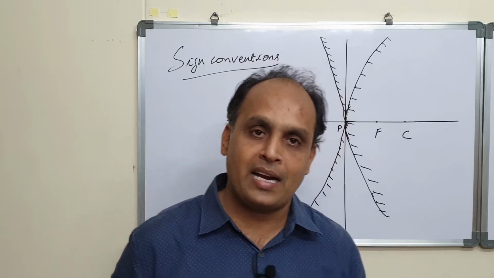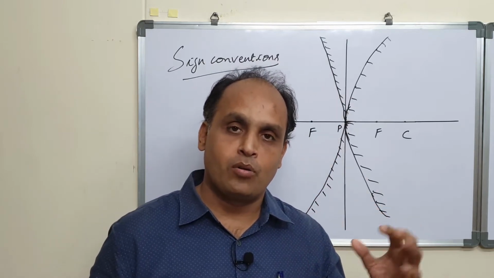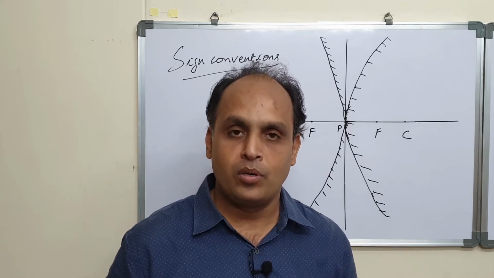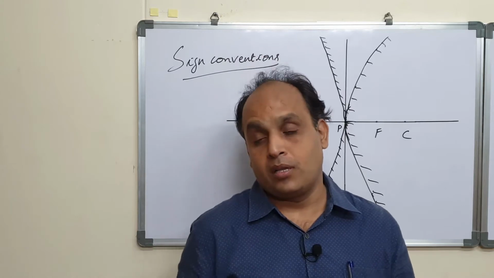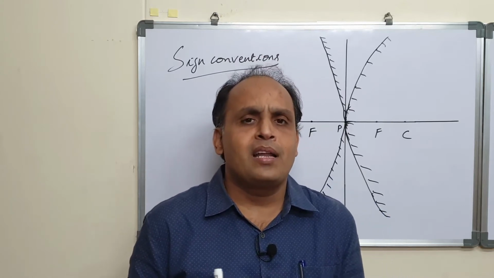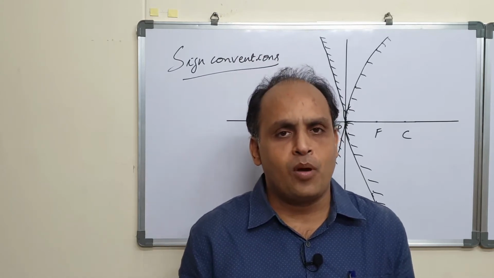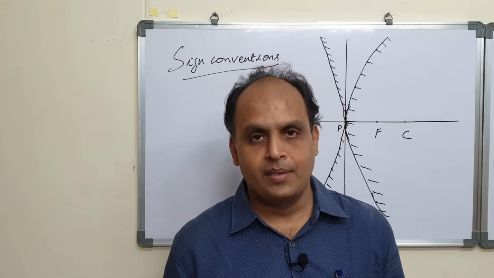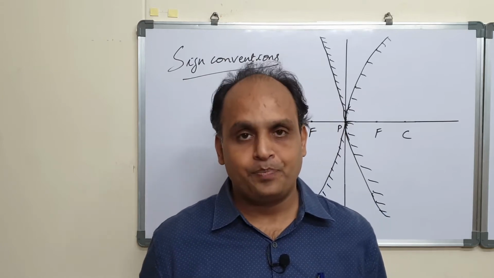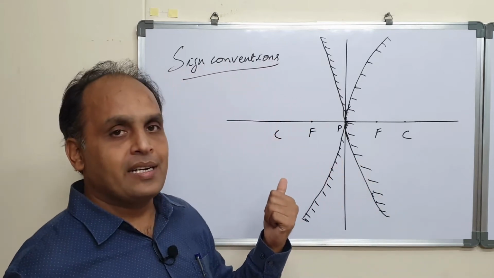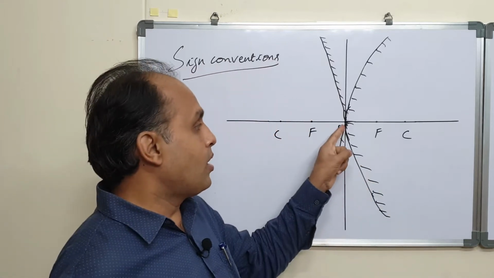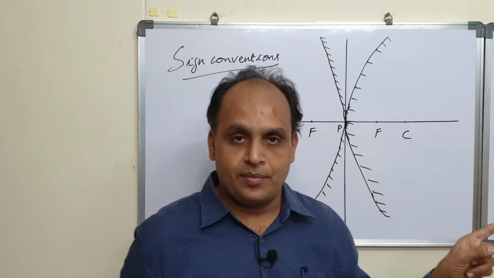This takes you back to those terms we have learnt about mirrors: pole, center of curvature, principal axis, focal length. All of them are nothing but reference points or reference lines which we have drawn. They are imaginary. So we will be learning sign conventions taking the pole of the mirror as the reference.